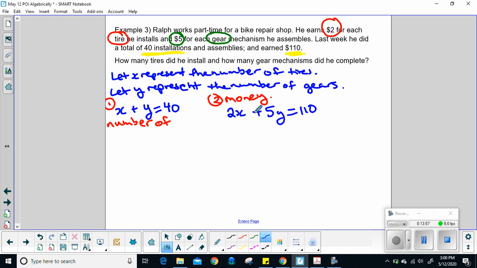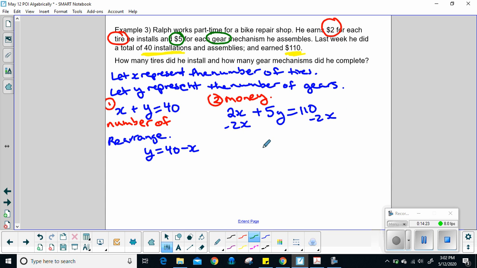Yes. So let's rearrange. Okay, we have to rearrange. So equation 1, let's see, we're going to move x to the other side, becomes y equals 40 minus x. Okay, let's look at equation 2 here. So this one requires a bit more rearranging. So let's see, we got a minus 2x from both sides, minus 2x, minus 2x.